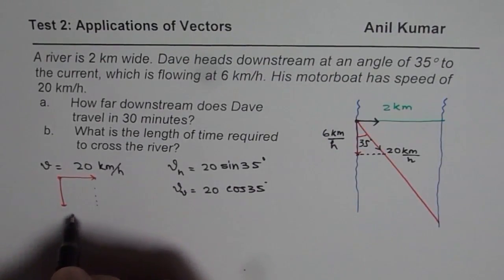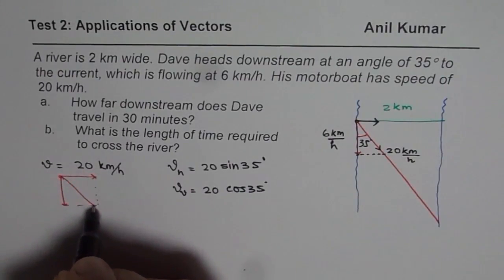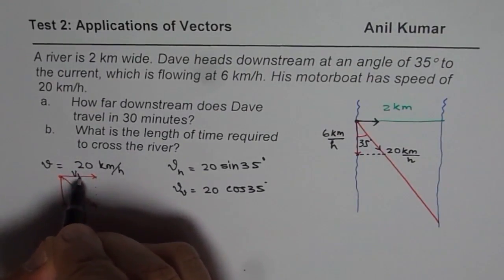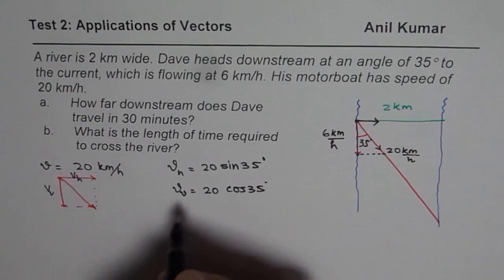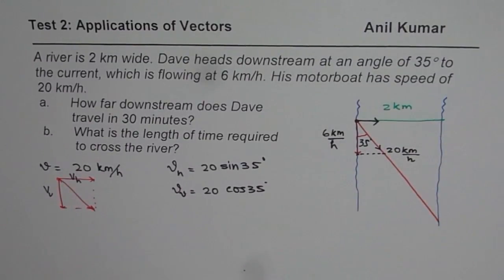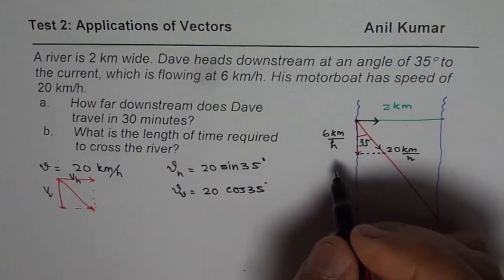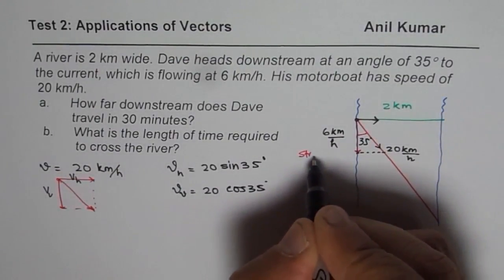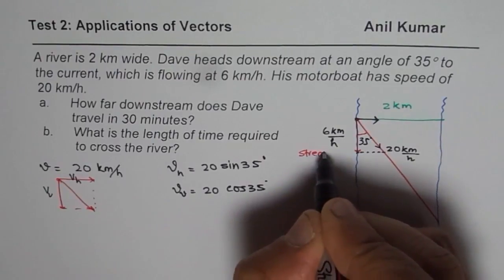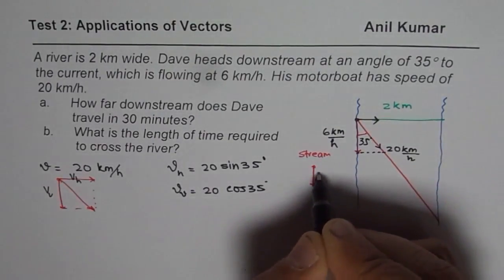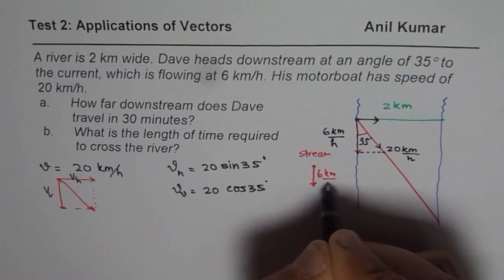Now when you combine them together, then you have this velocity. Now as far as the stream is concerned, it has only the vertical component, which is 6 kilometers per hour.